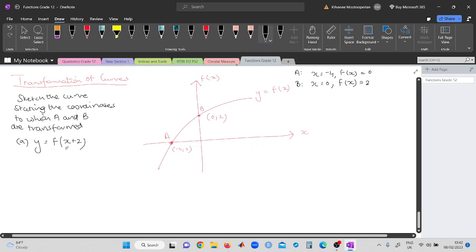Okay? Now, you need to do the transformation of that curve. So, how do I proceed?